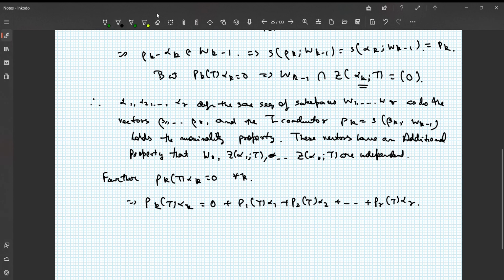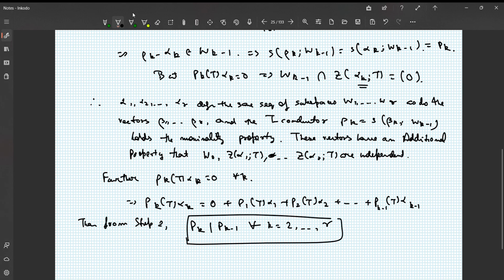Sorry, I should write it not like this; we should use till k minus 1. Correct? Yeah, now this is correct. Then from step 2, pk must divide p(k minus 1) for all k ranging from 2 to r. Clear? Because pk will divide each of these p's. So it's obvious.